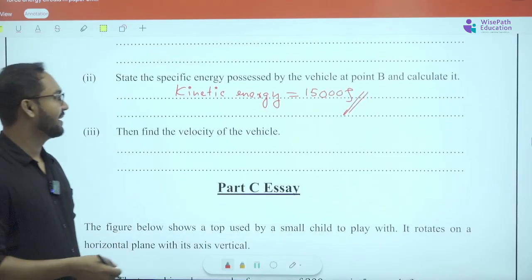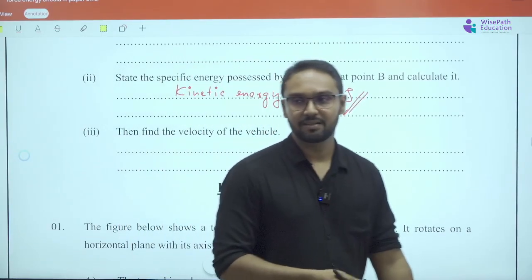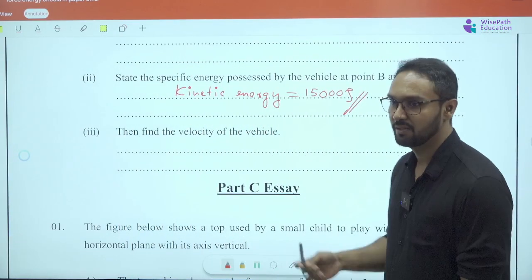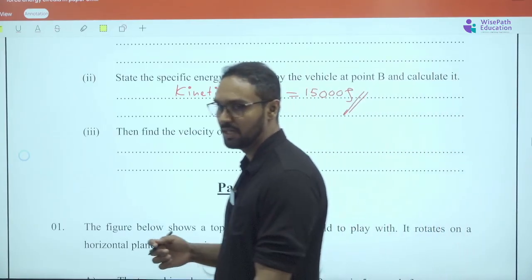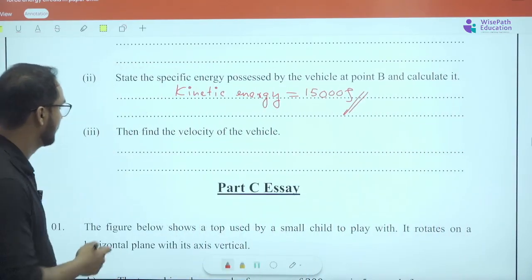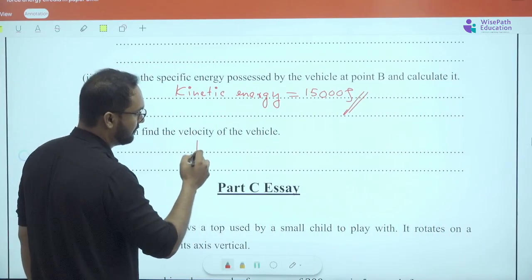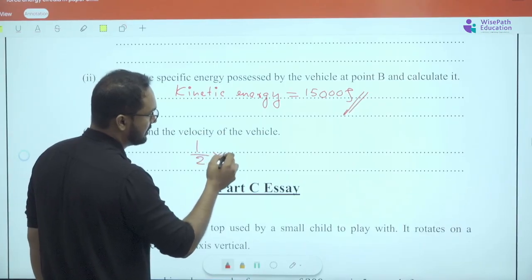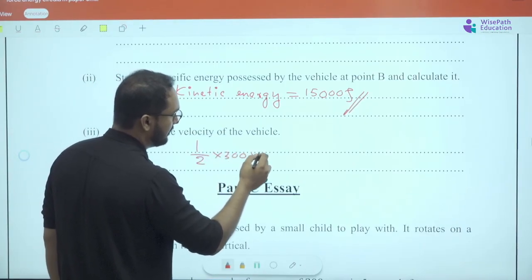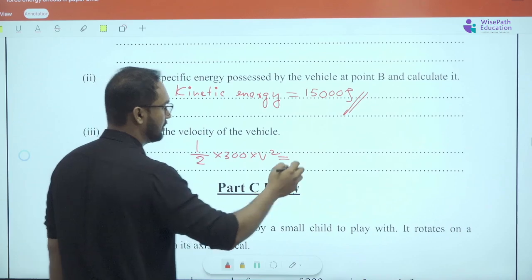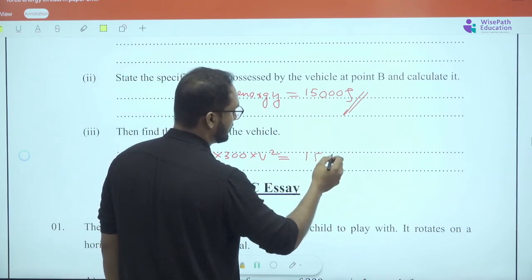Right, then find the velocity of the vehicle. So how do you find the velocity of the vehicle? You equate this to half m v squared, right? So half m is 300, v squared is equal to 15,000.